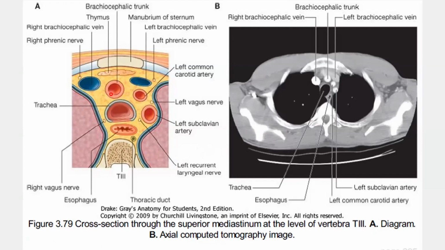Here the brachiocephalic trunk, left common carotid, and left subclavian. Then here you see the trachea, and posteriorly the esophagus, and here the thoracic duct. And you can see the veins, the vagus nerves, the left recurrent laryngeal nerve, and you can see there is no right recurrent laryngeal nerve in the superior mediastinum. Then here are the phrenic nerves, and here you can see the thymus.